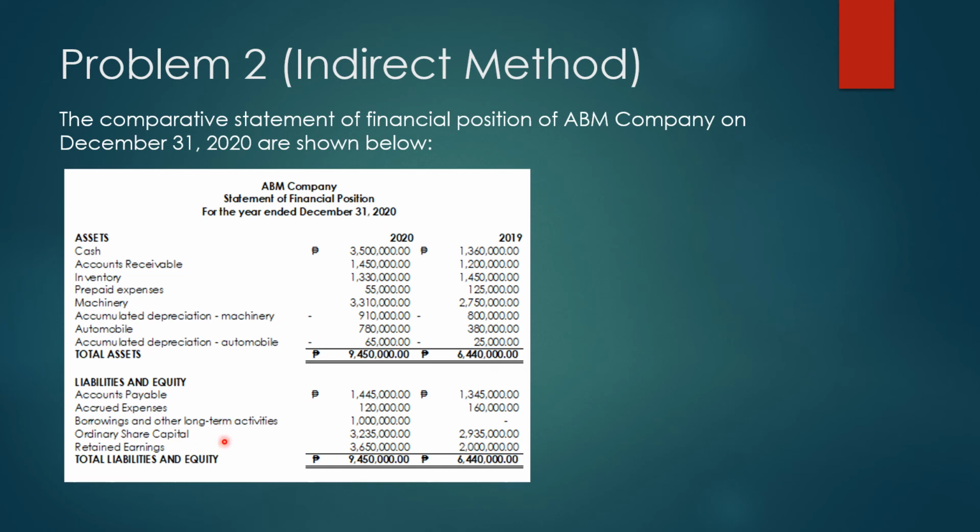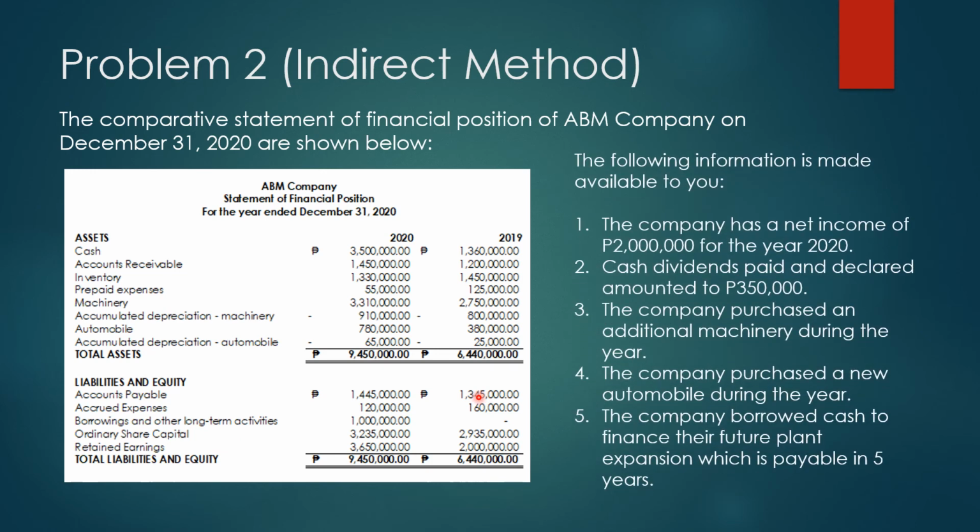So let's check. Baka may additional info. Okay. So the following information is made available to you. Number 1, the company has a net income of 2 million for the year 2020. Cash dividends paid and declared amounted to 350,000. The company purchased an additional machinery during the year. So, bumili daw ng machine. The company purchased a new automobile during the year.